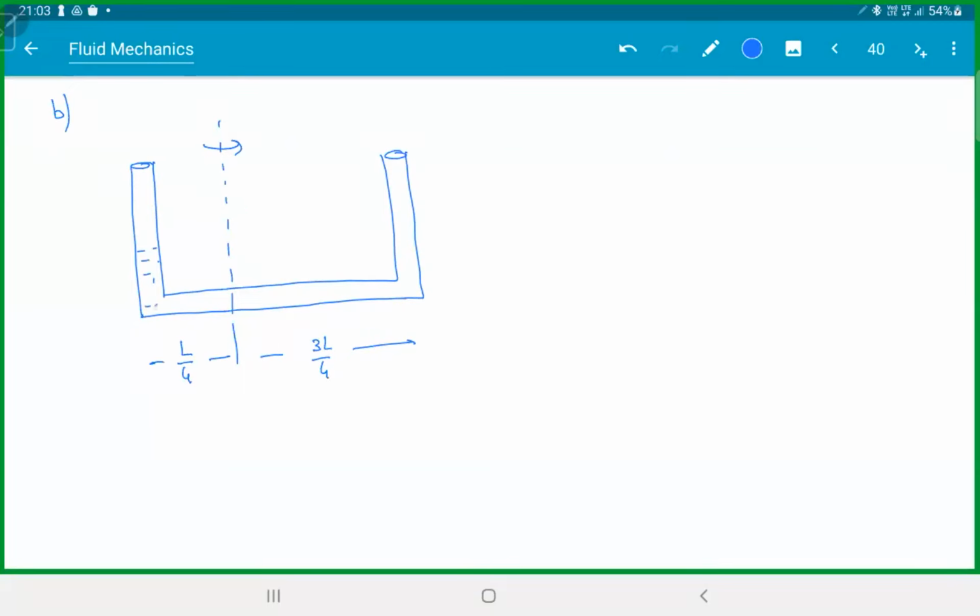Because of this, what will happen? The liquid will be like this. So on this side the height will be H2 and on this side the height will be H1. Find H2 minus H1. If you had rotated exactly in the center, they would have been equal. But you're rotating more to the left, so heights will be different.